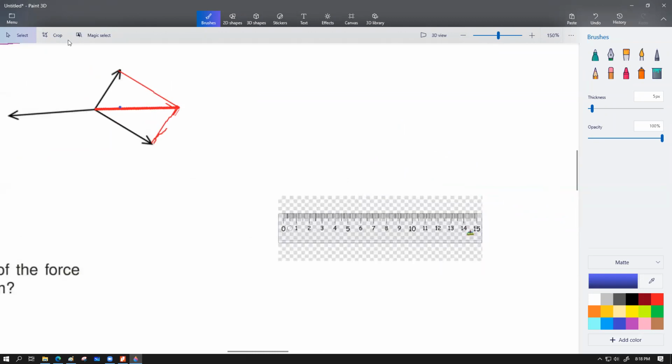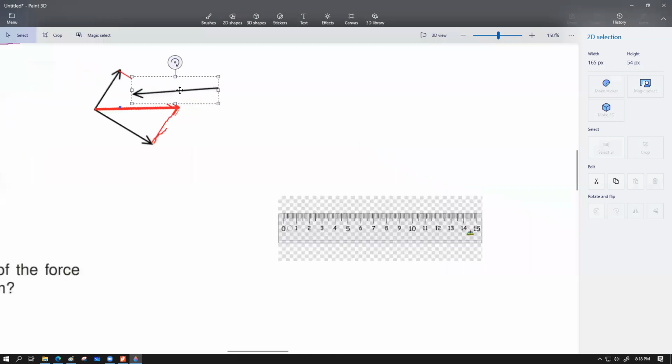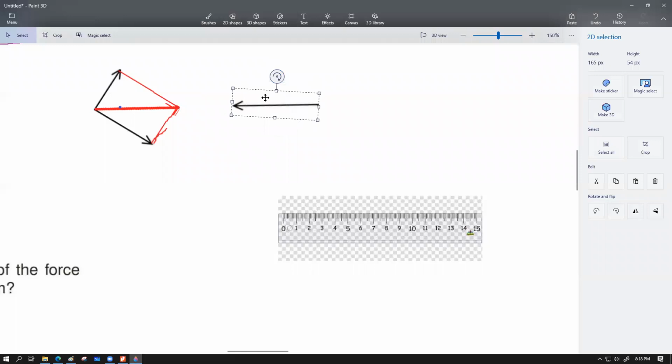So what I'm gonna do over here, I'm gonna take one of these parts away, let's say I'm gonna take this much out, and try to check whether it is equal and opposite to this arrow or not.